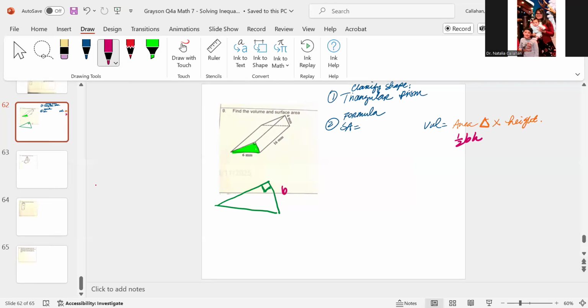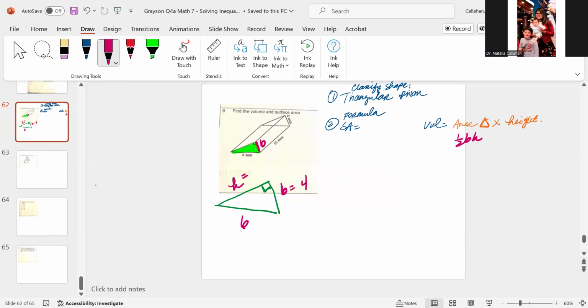So this is going to be the B and this is going to be the H, right? Do we have anything there that's provided for you on this triangle? Base. That's not the base. 6 is going to be the hypotenuse. That's going to be the longer side. The base is right here. That's the base.